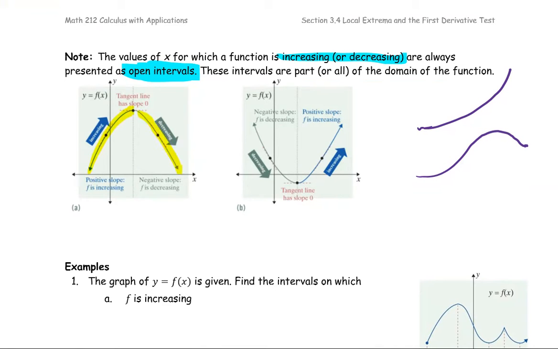In the increasing part, the derivative is positive. In the other part where the graph is falling down, we have negative slope. Similar to the graph on the right side, on the left part the graph is decreasing and the slope is negative. On the right part, the graph is increasing, so the slope is positive.